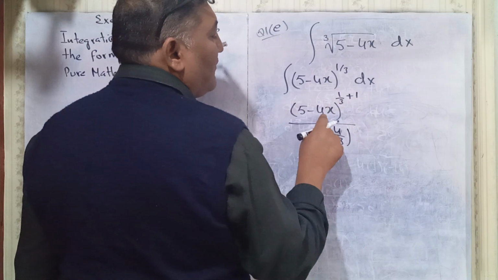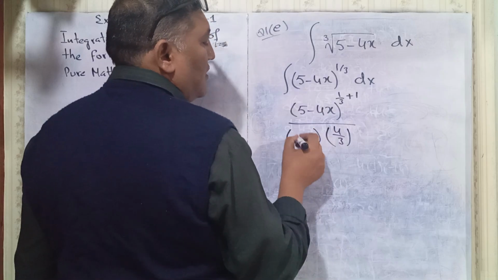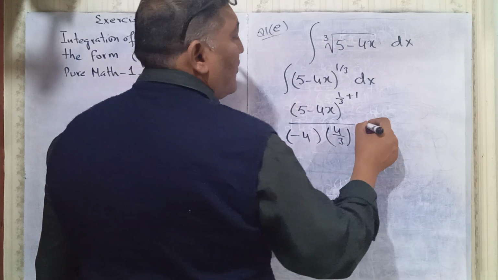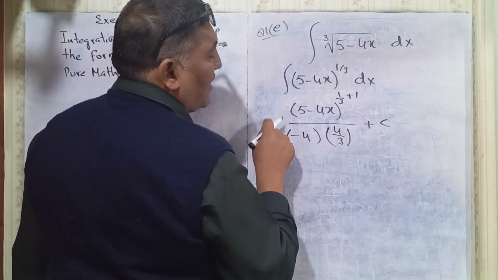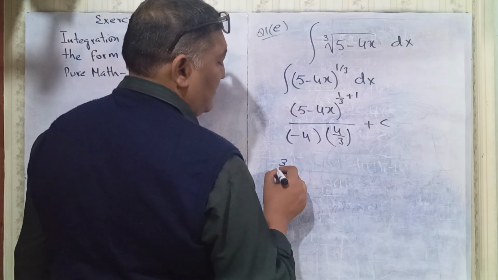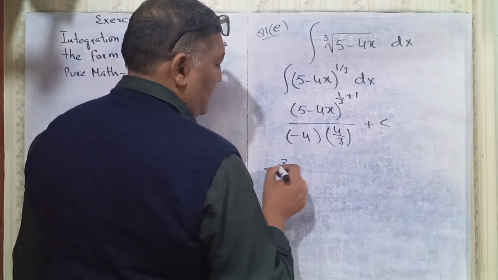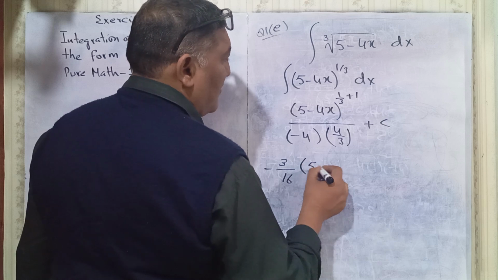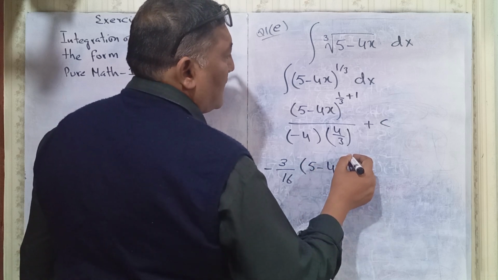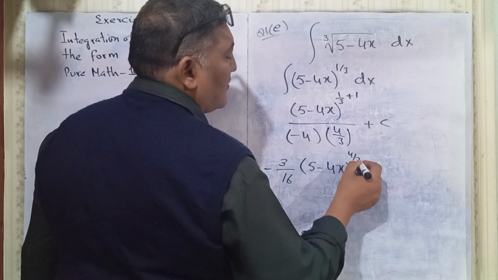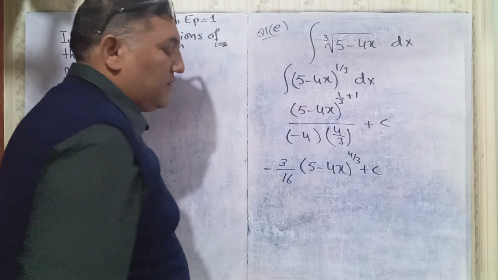You divide with this number, and you write plus c. So this becomes 16 by 3. When you write it here, this will become minus 3 by 16 into (5 minus 4x) raised to power 4 by 3 plus c.